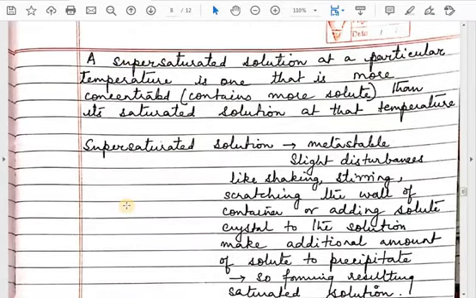So a supersaturated solution at a particular temperature is one which is more concentrated, that is, contains more solute than its saturated solution at that temperature. You have to compare both saturated and supersaturated solutions at a particular temperature.